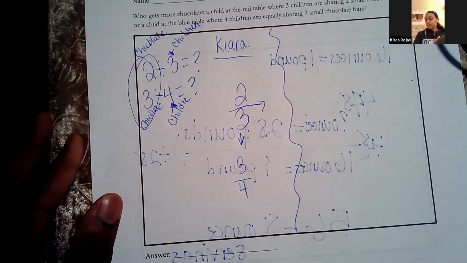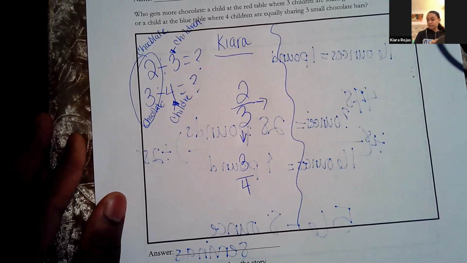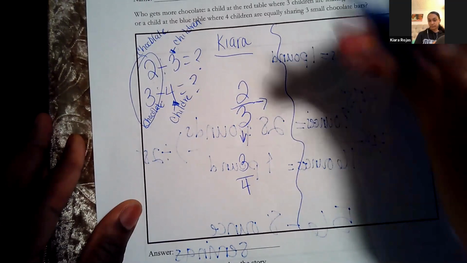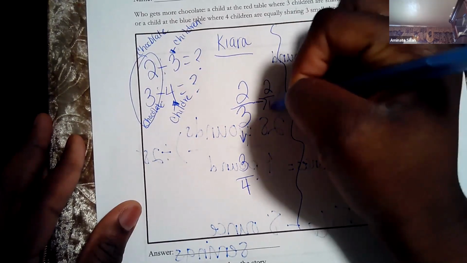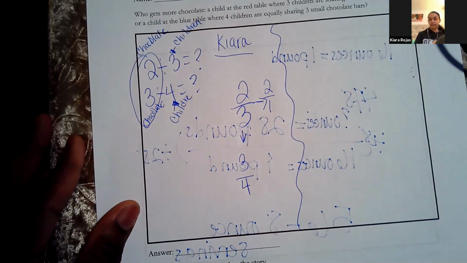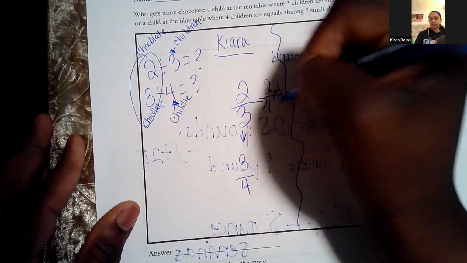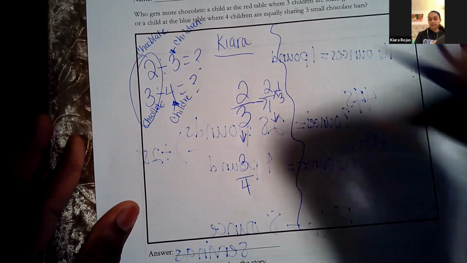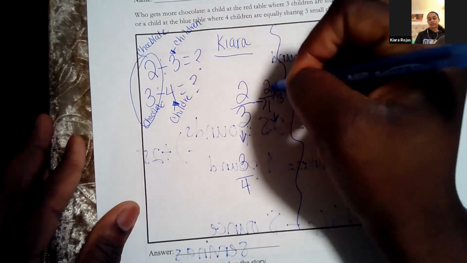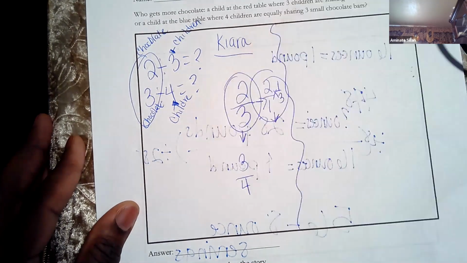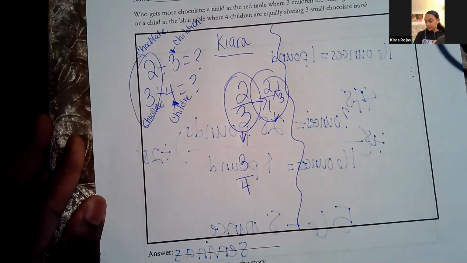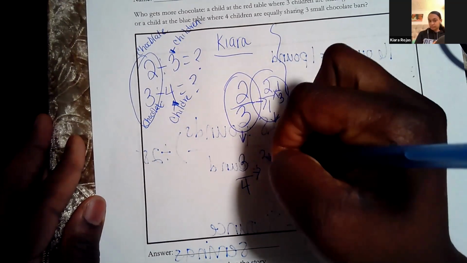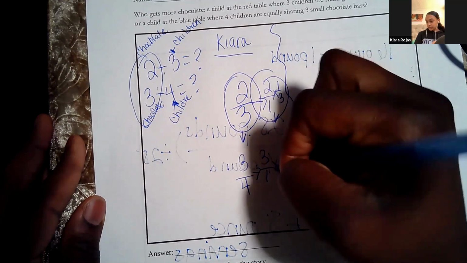You can turn it into fractions, which is 2 over 1 times 1 over 3. And that gets me 2 over 3. Great. Yeah. And then I did 3 over 1 times 1 over 4.